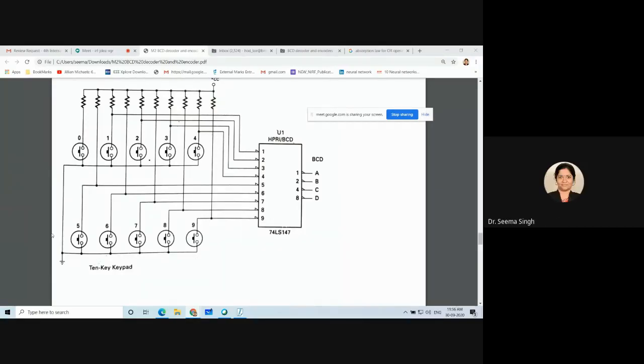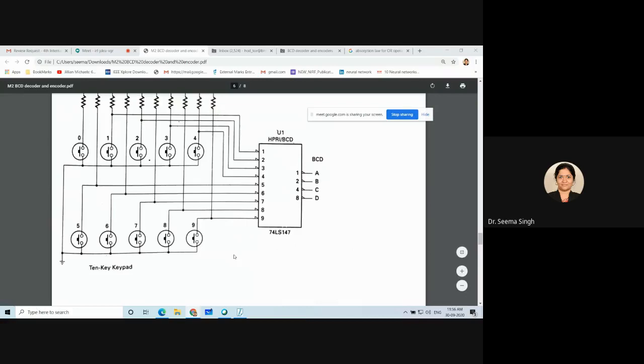See, if all these are not pressed, all these 1 to 8 will remain at VCC the way it was before. But if I press this 9, connection gets established from this 9 to this ground. So you will get a 0 here with this ground, and at 9 you will start getting a 0. A 0 at 9 means what this encoder IC will do?